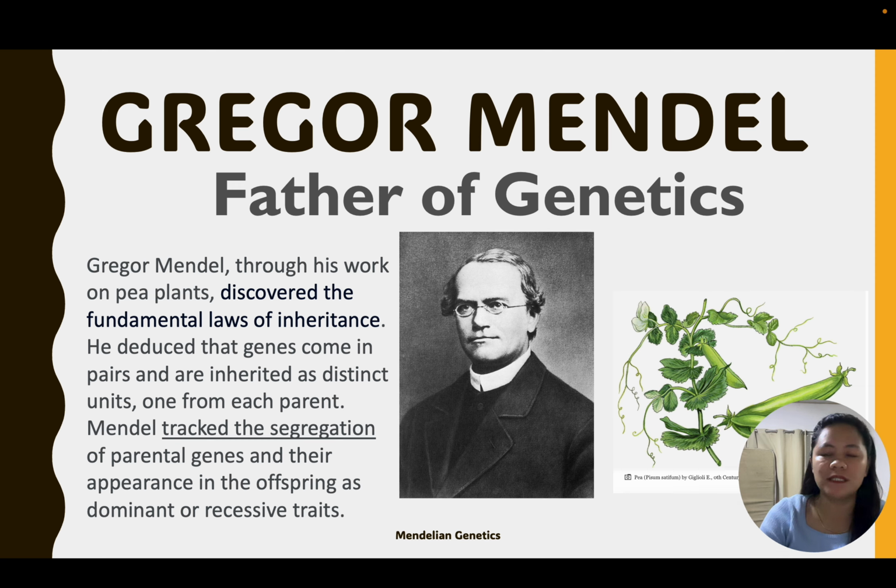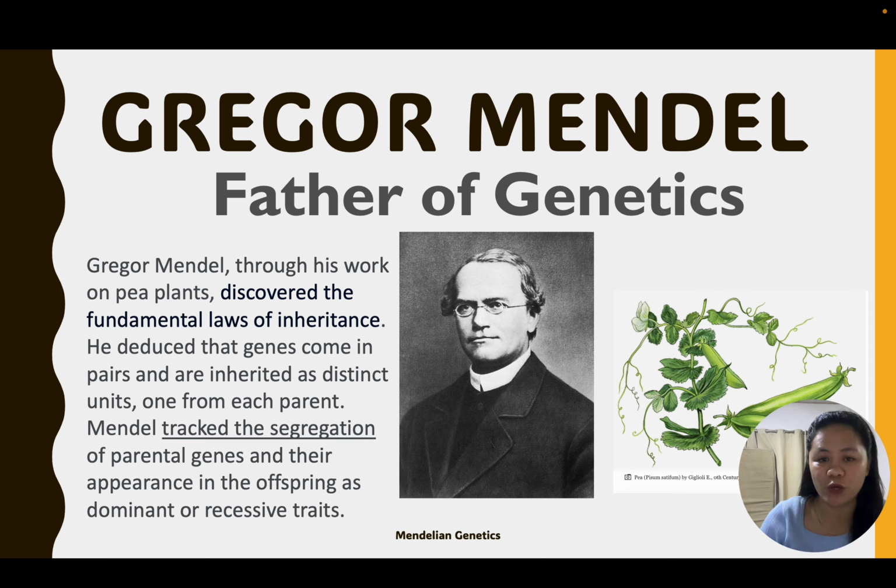Mendel tracked the segregation, from generation to generation, of what has changed and what traits have been passed on to the offspring. And of course, he determined that there are dominant and recessive traits.